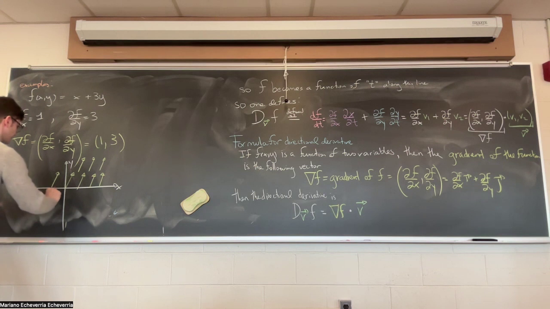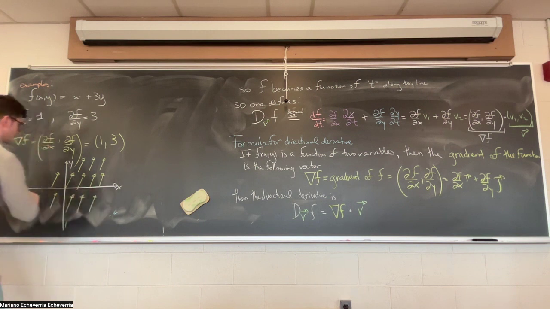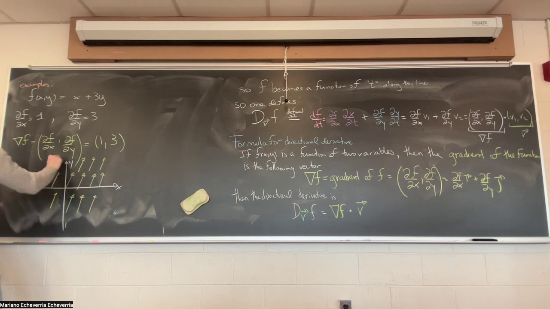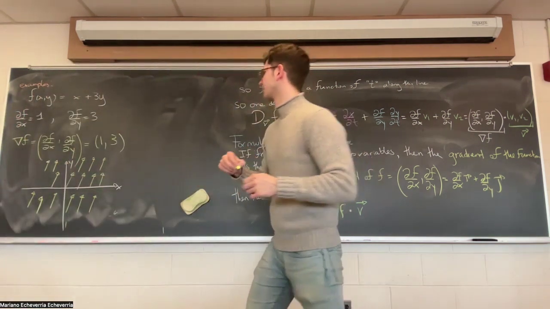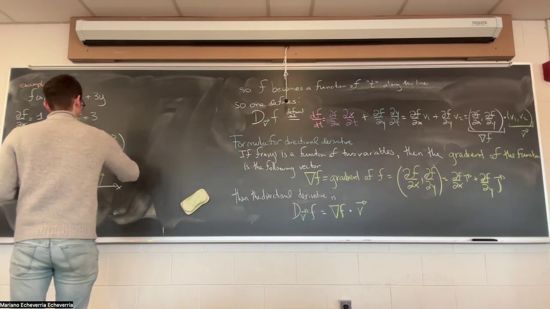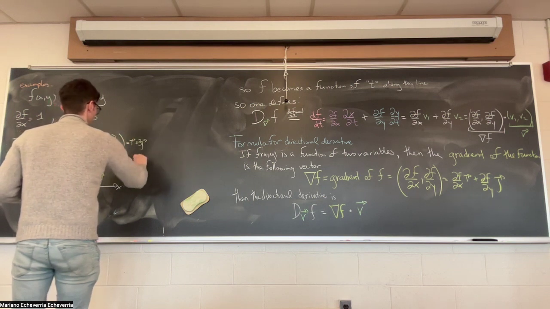I'm just transporting it all over the plane. I'm actually going to show you in GeoGebra how this looks in a second. You would write that the gradient of f is the vector 1, 3, which is also i plus 3j. It's more elegant to put it in terms of i and j.